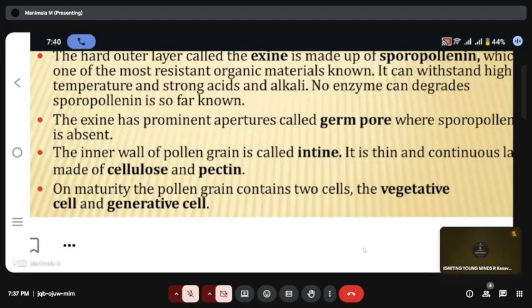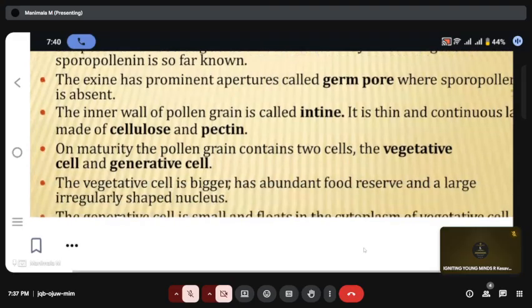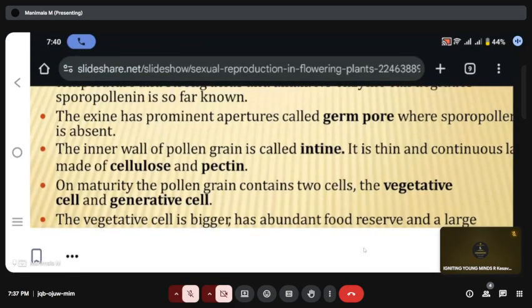On maturity, the pollen grain divides to produce two kinds of cells, the vegetative cell and the generative cell. To recap, pollen grains are made up of two layers, exine and intine. Exine is made up of sporopollenin, with the help of which pollen grains can withstand the atmosphere for a long time.